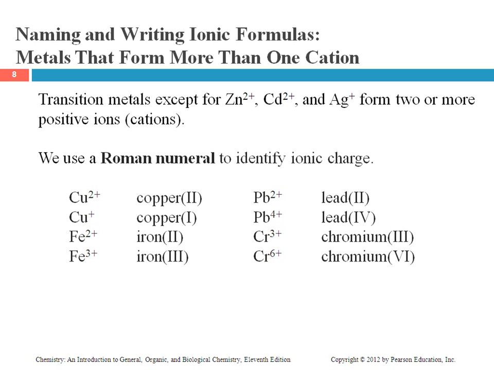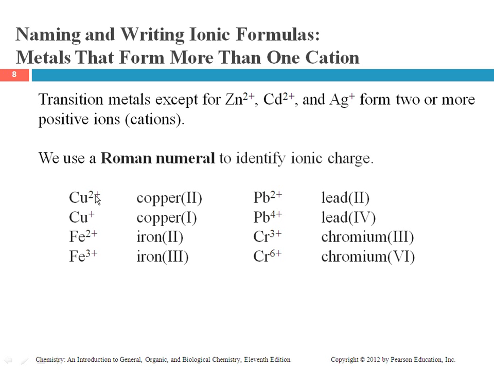But when we are naming ionic compounds that include transition metals, we use a Roman numeral to identify the charge. Okay, this Roman numeral is not how many atoms are present. It is the ionic charge.